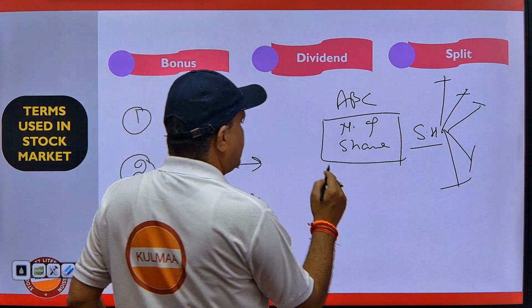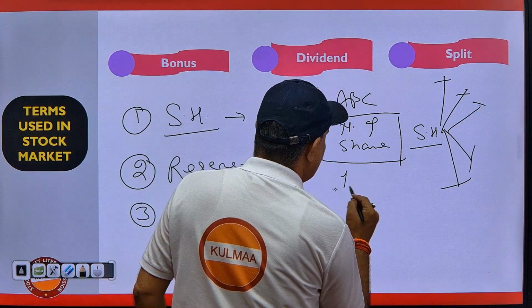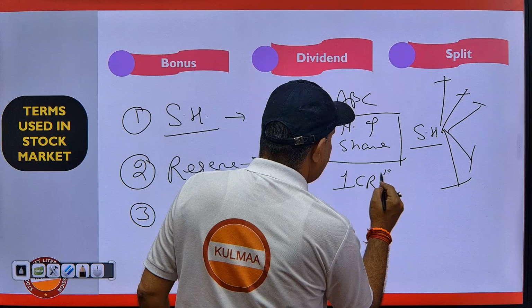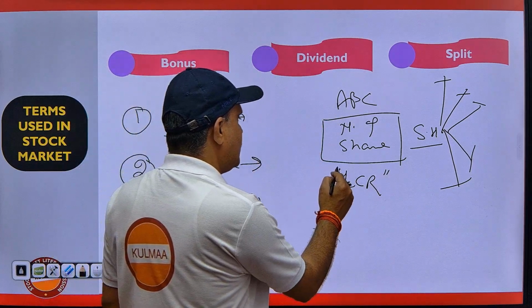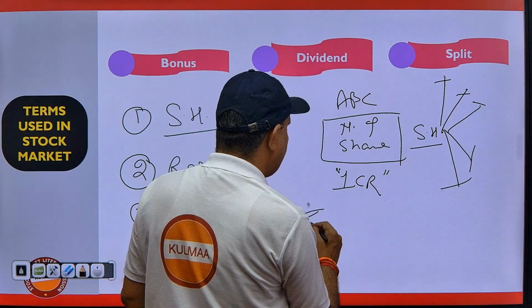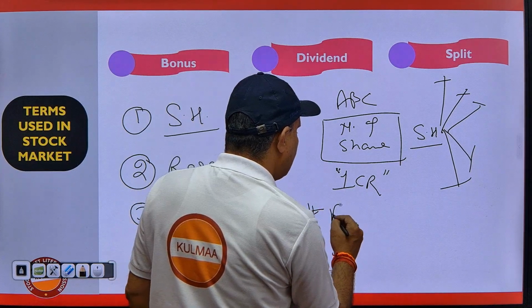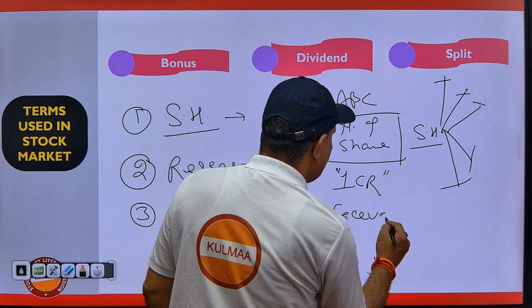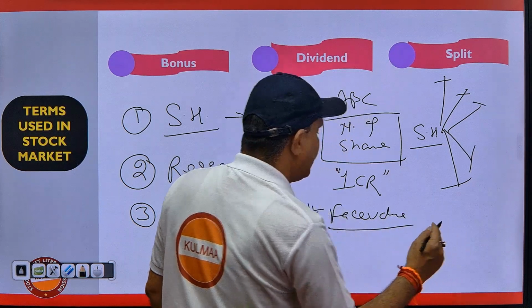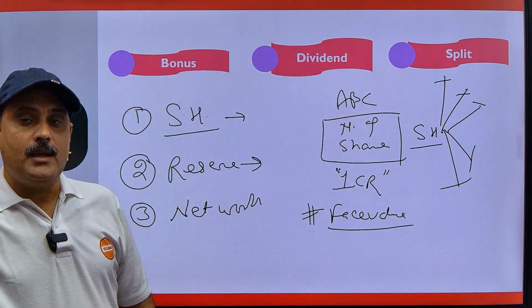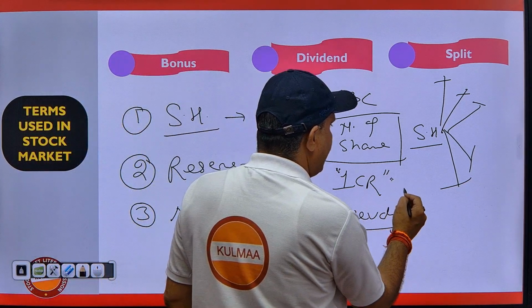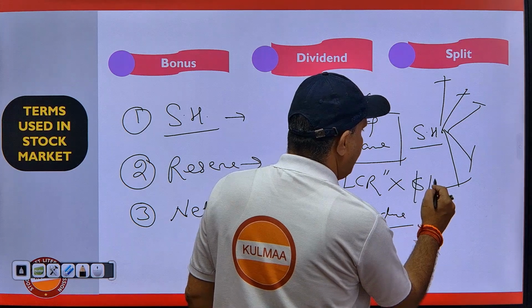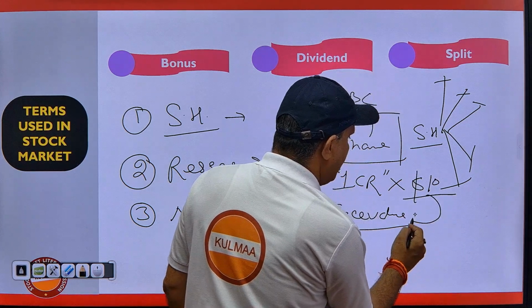Now, for example, this company has 1 crore shares, right? That means there will be some value of this share. So now comes a word, face value. At the initial stage, when the company launches its shares, there should be one value that may be $10. That value is known as the face value.